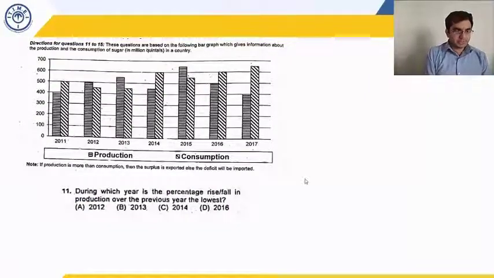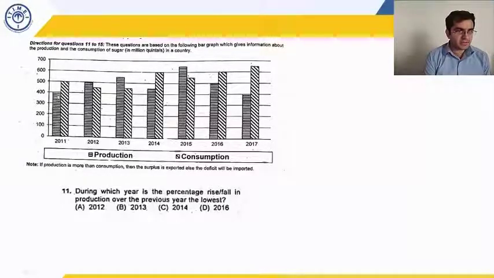So let's understand the question. You are given the production and consumption of sugar in million quintals in a country. So the production and consumption in particular years is given. The y-axis is the value in million quintals and the x-axis is the year.